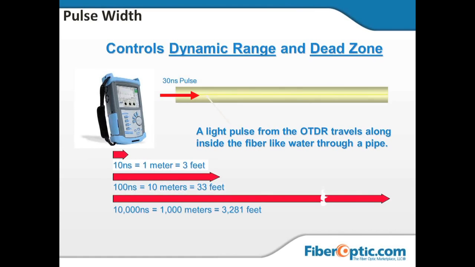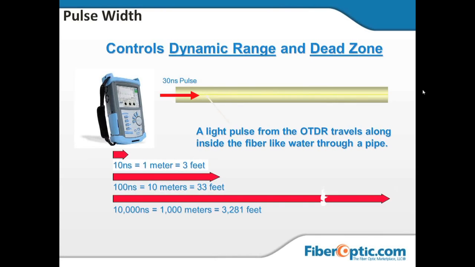Now the thing about the dead zone is that very simply, when that light hits a reflective event, such as an end of line, more appropriately a set of connectors in the field or in the central office, or it hits a mechanical splice in the field, a crossover box, fiber distribution hub, whatever you've got going on with connectors and mechanical splices.